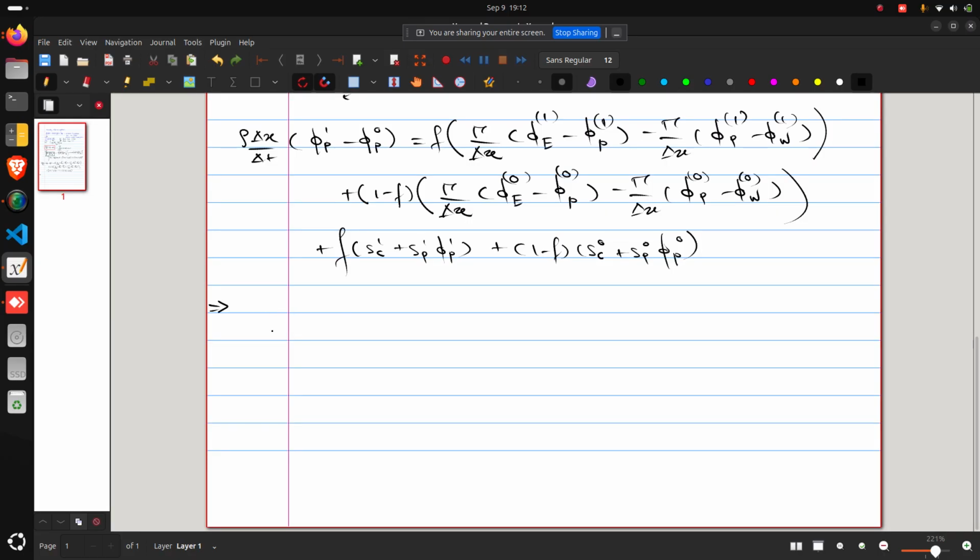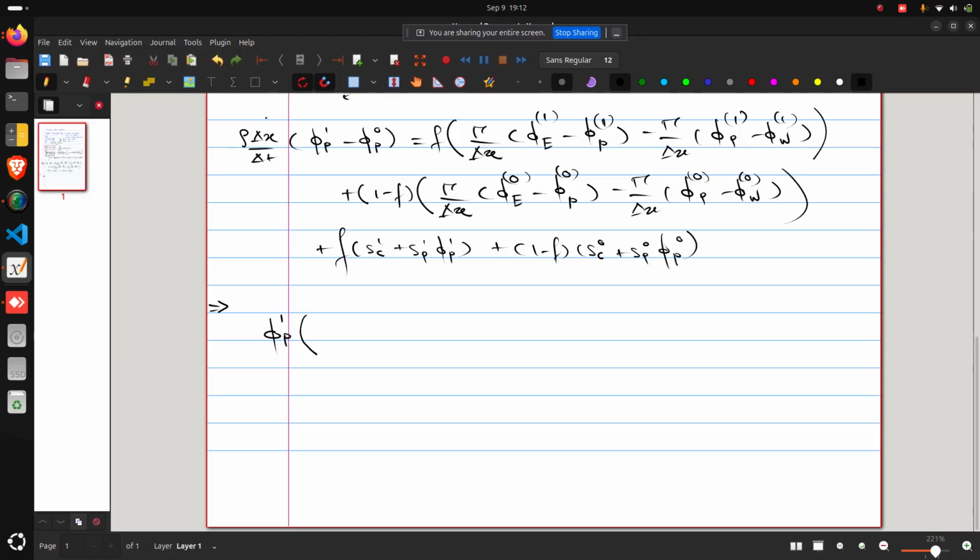So on the left-hand side we'll keep the unknown phi p1 which we are interested to find, that is the value at the next time step at the present cell. So what will be the coefficients?